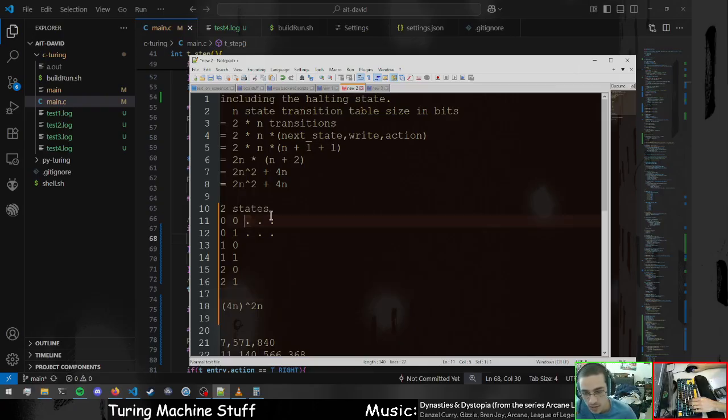What is it? This is the states. This has 2 possibilities. This has 2 possibilities. So it's n times 2 times 2, right? And how many transitions do we have? We have n times 2 transitions. So yeah, that's that. I don't know why this didn't work in my calculator.